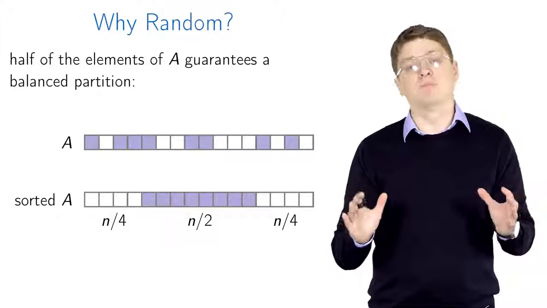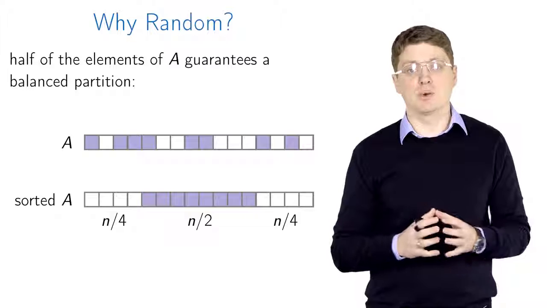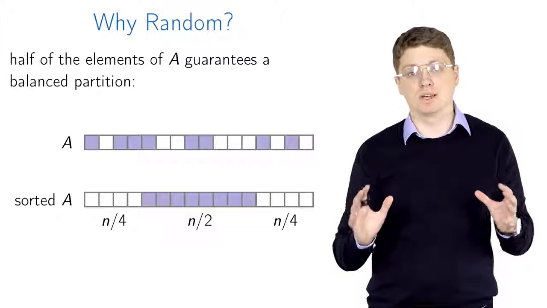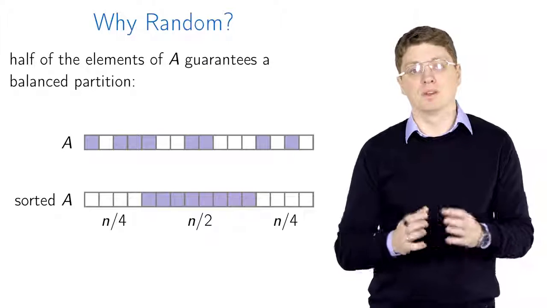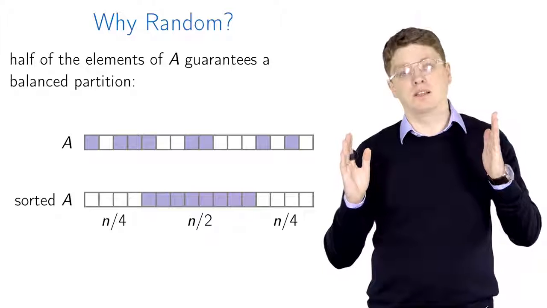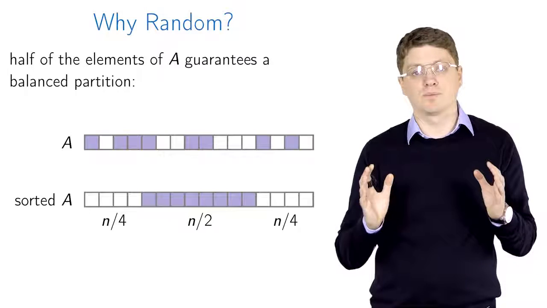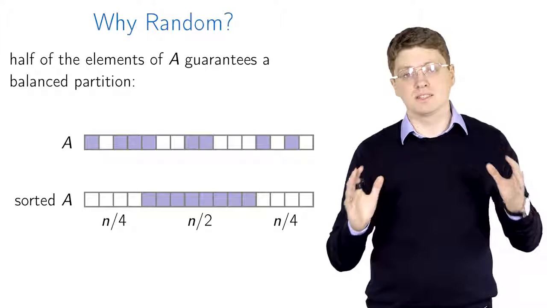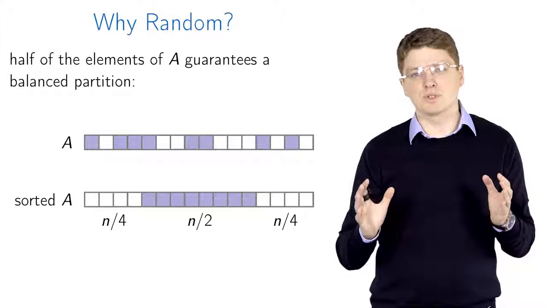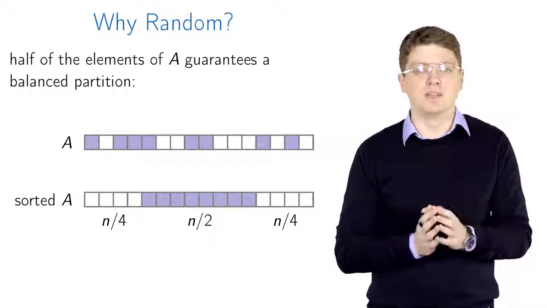Let me explain intuitively why selecting a random pivot is going to help us to prove a good upper bound on the running time of the quicksort algorithm. For this, consider our array A that we're going to partition with respect to a random pivot, and consider its sorted version. Assume for the moment that all the elements inside our array are different.